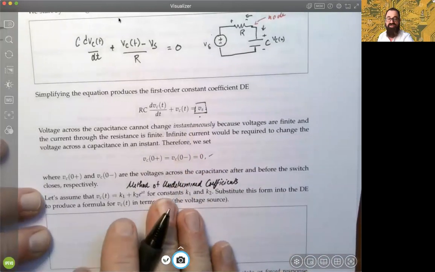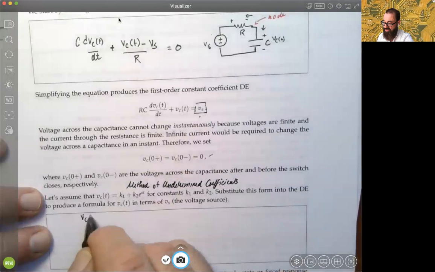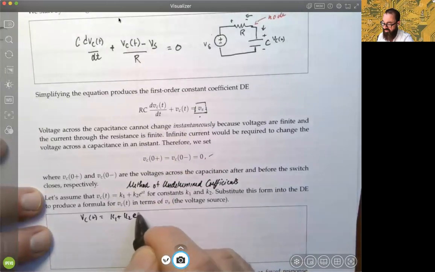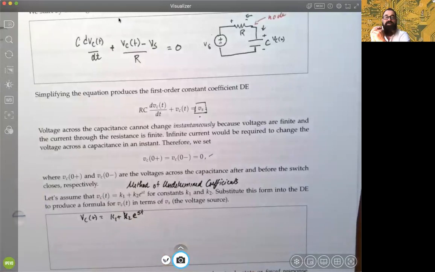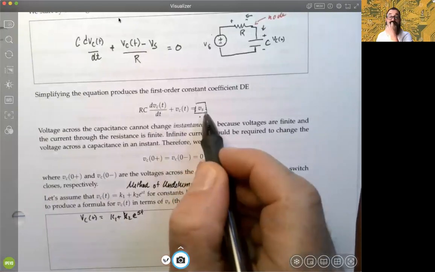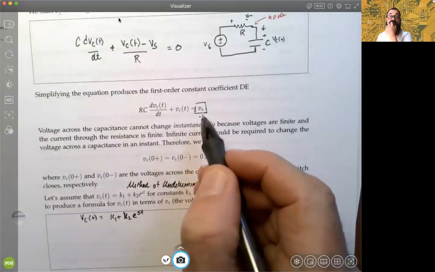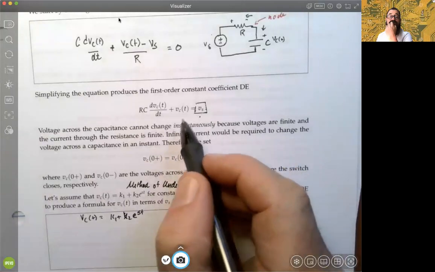So we're going to try this as our solution. We're going to use two constants, not just one, K1 and K2, so to speak. The reason is that I need to match up to a specific voltage source here when we plug in 0.